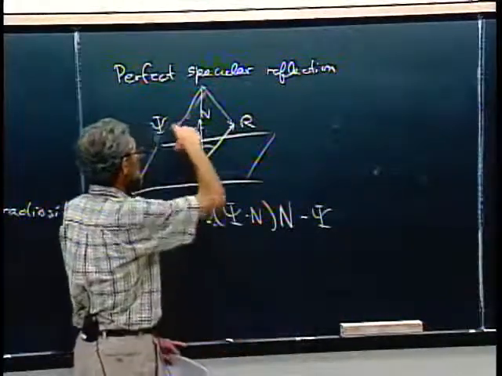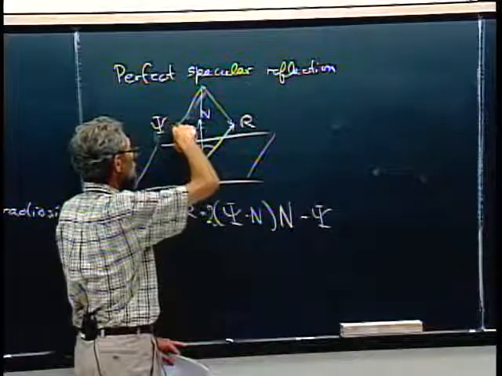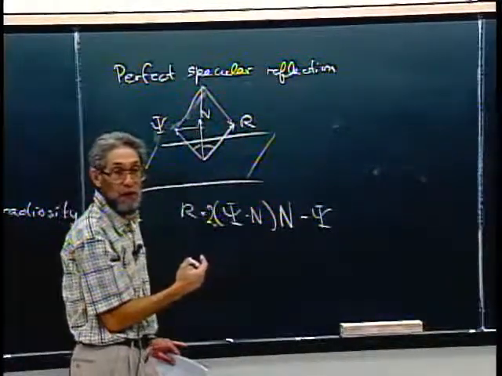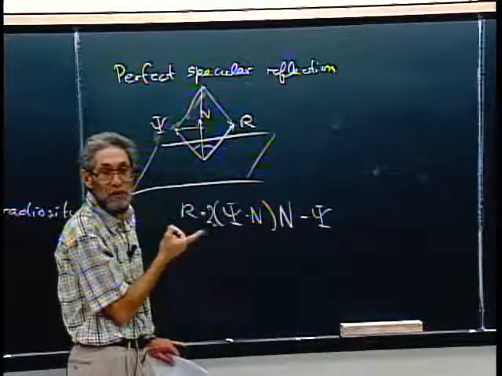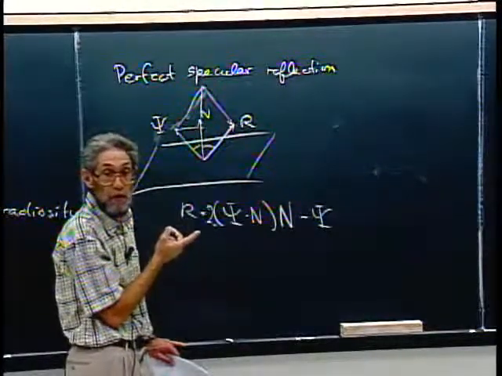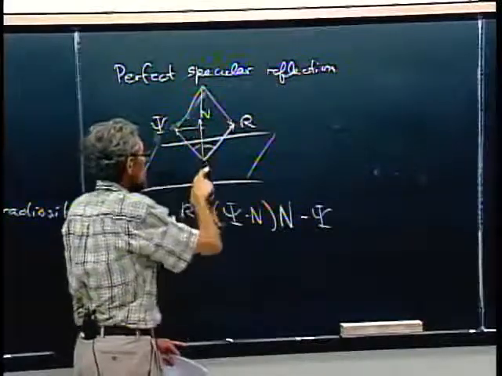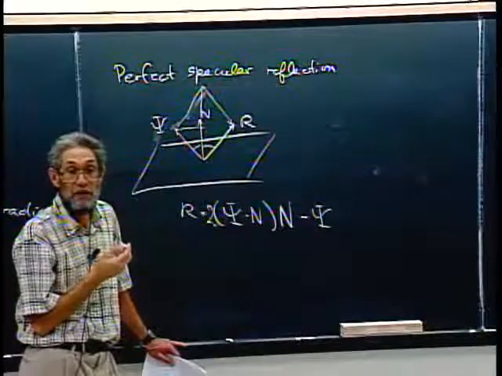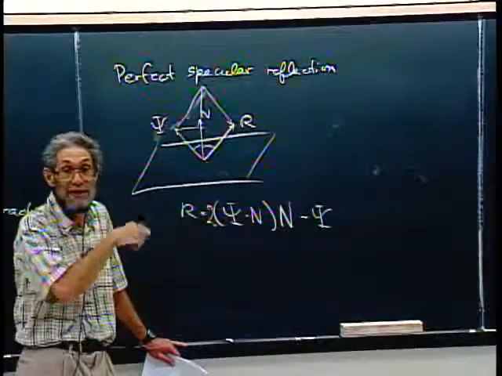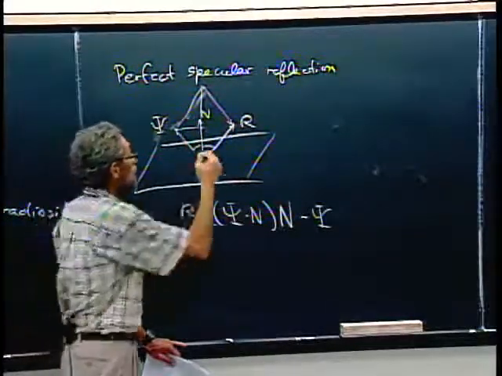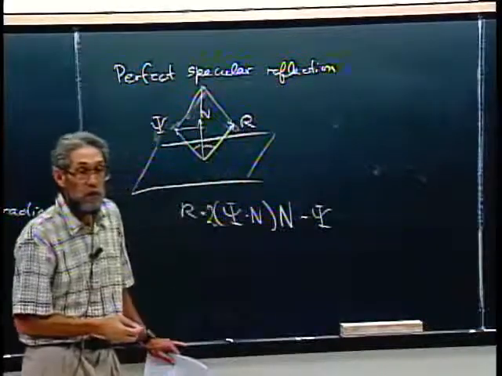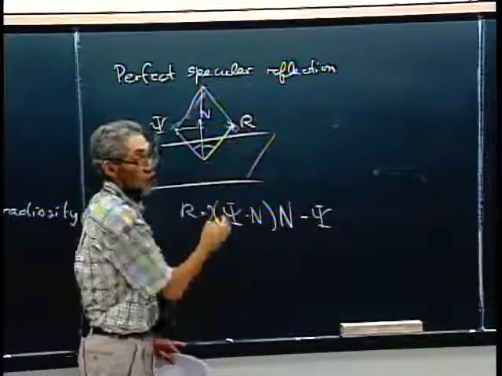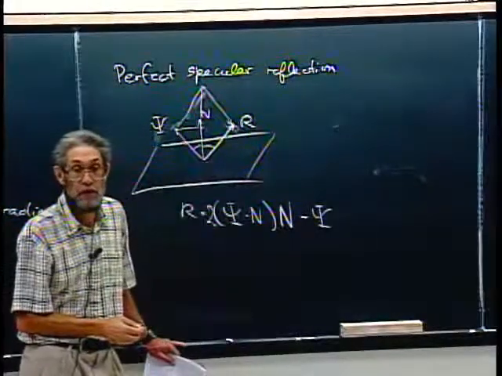But at the beginning of the period, I said that if it's a distribution function, no exact direction gets all the input light. Well, that's not true in this case. If it's a perfect mirror, all the input light that comes in this direction is going to go exactly out in that direction. So this bidirectional reflection distribution function is really like a delta function. No matter what solid angle you integrate it over, you'll get the same answer, as long as that solid angle contains the direction r. That's actually the definition of a delta function.